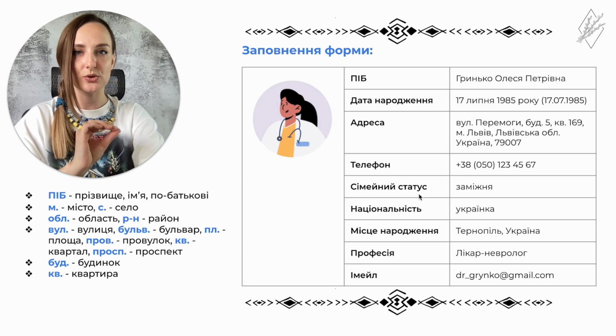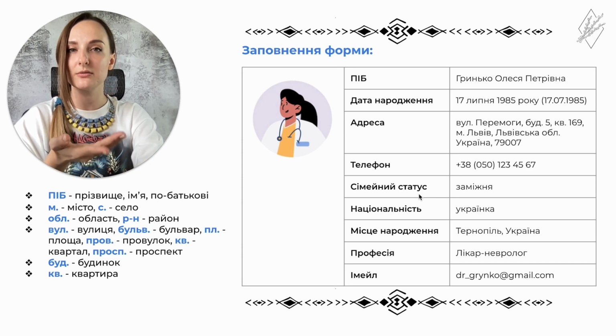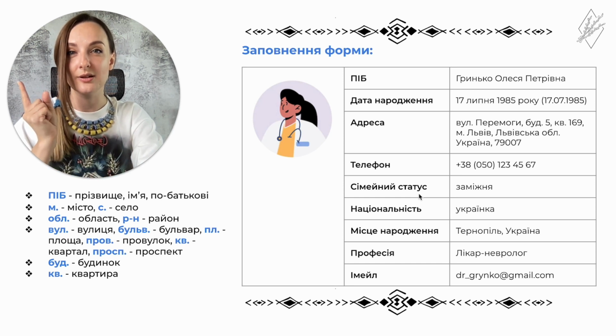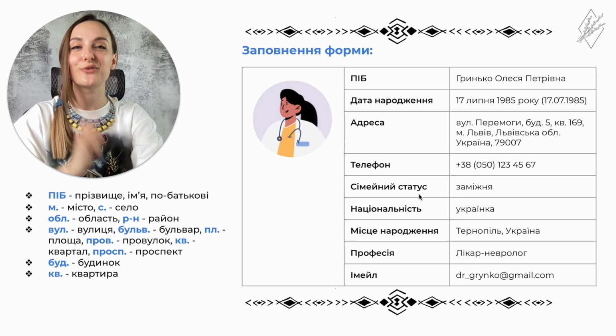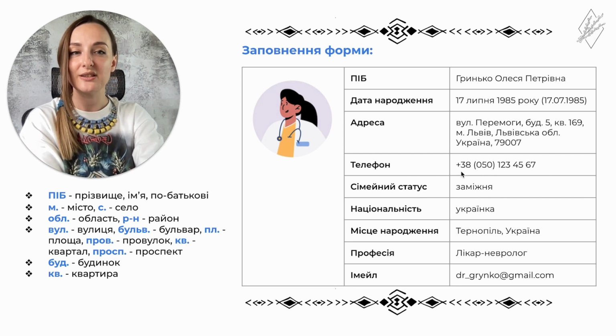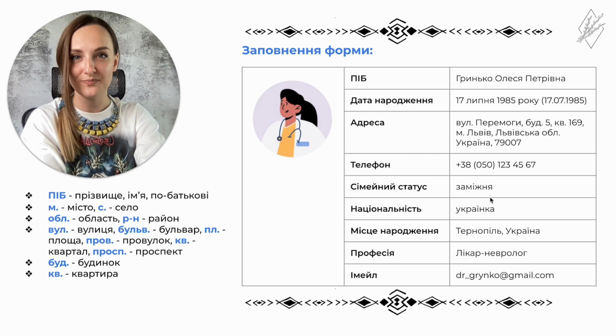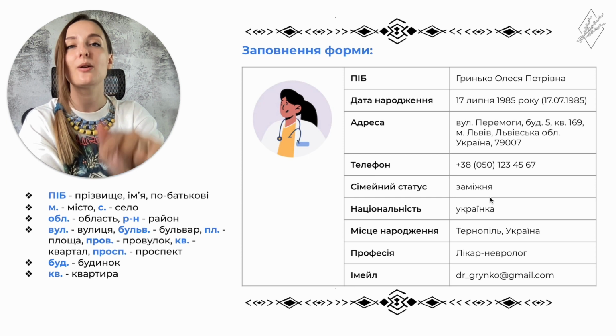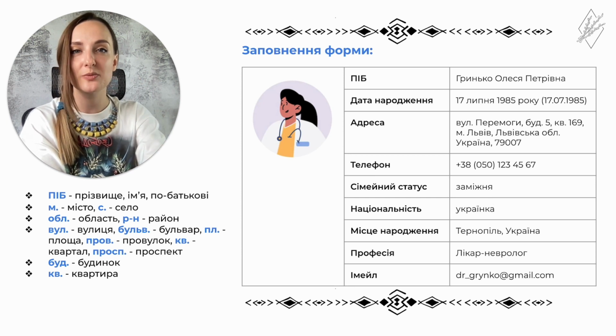Something connected with сім'я, right? Which is family. We just had some information about family on the previous lesson. So here we have сімейний статус заміжня, which means that she is married. Вона заміжня.